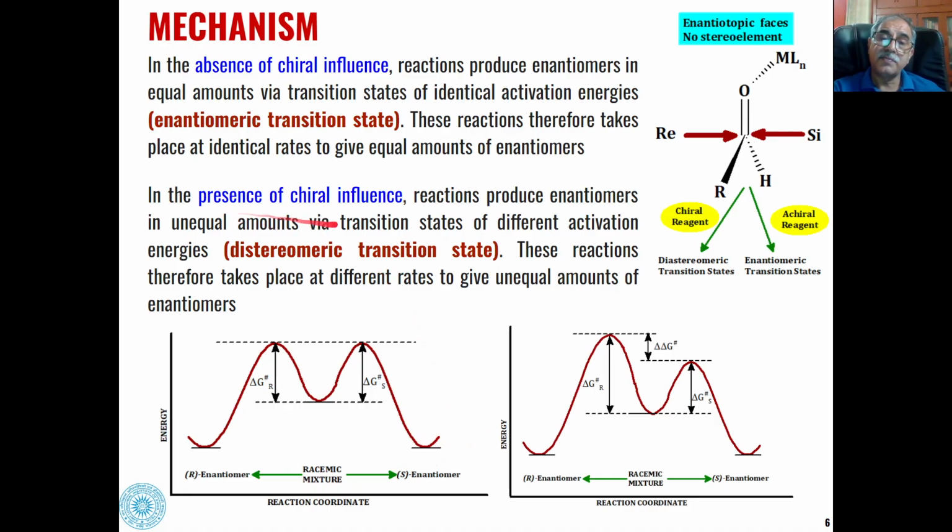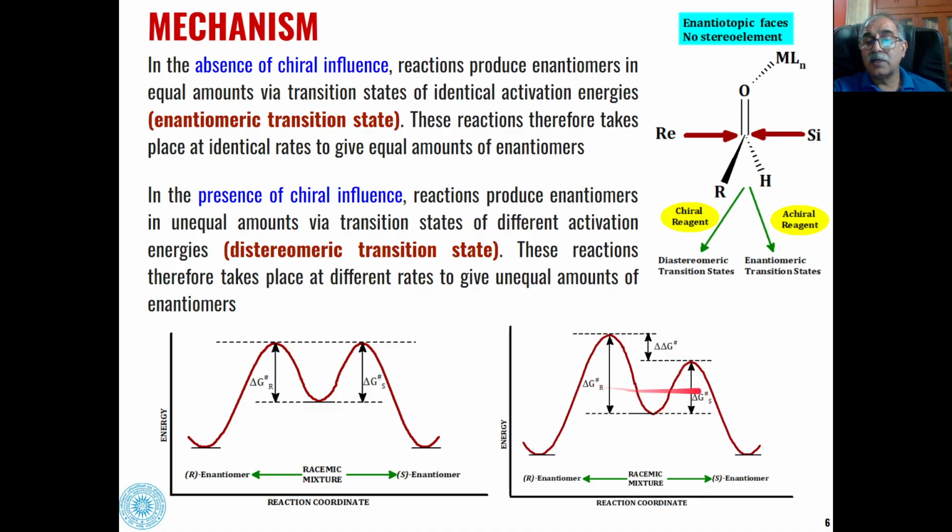Whereas under the presence of chiral influence, the reaction will produce enantiomers in unequal amounts, and the transition state involved will be a diastereomeric transition state. And we can see over here that one of the enantiomers is formed at a different rate in comparison to the other.